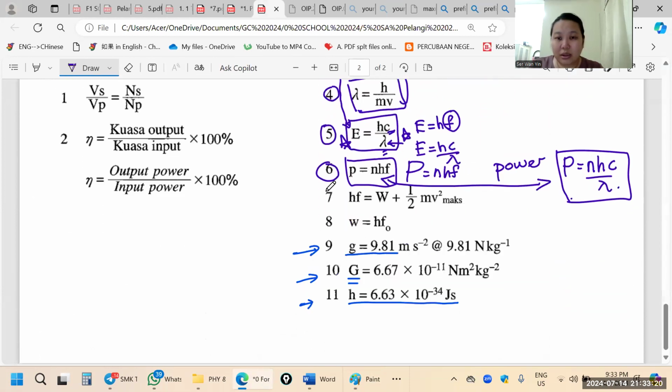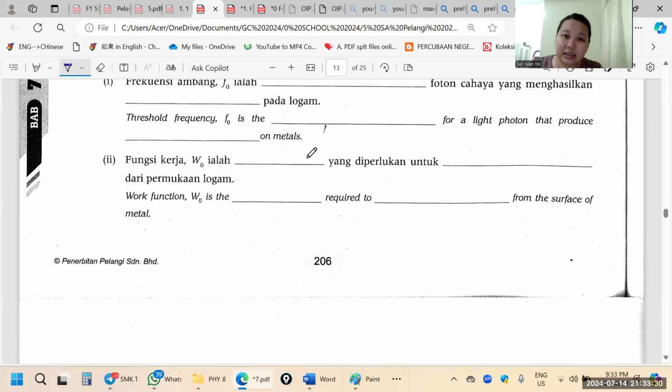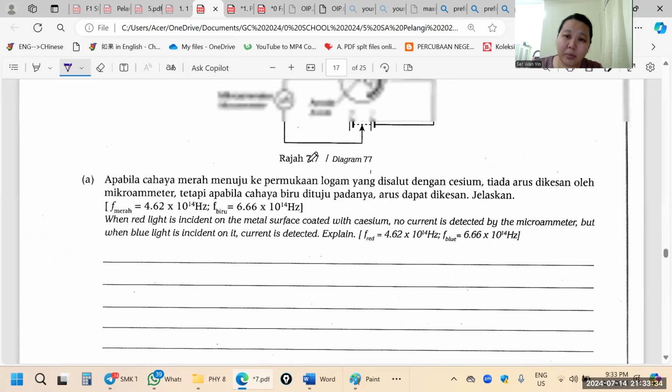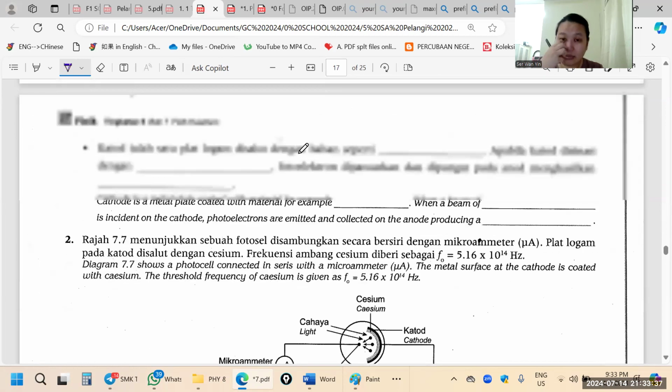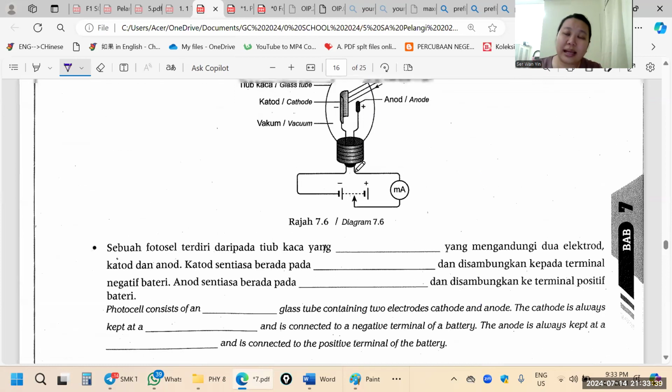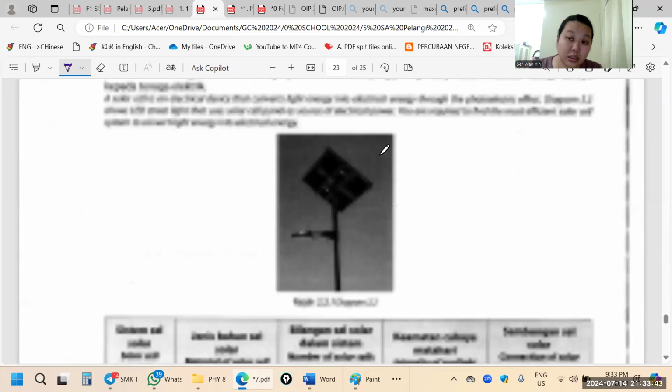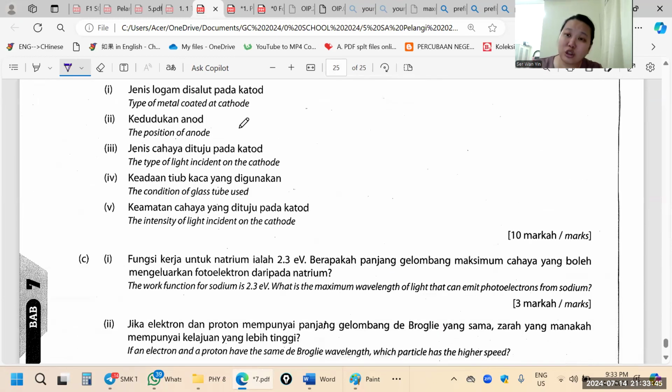So actually we are going to learn number 7 and 8. They look very difficult, but quite easy to understand. Most of the time the exam asks about photoelectric effect. Next week we can finish this and may get into chapter 6 a bit.